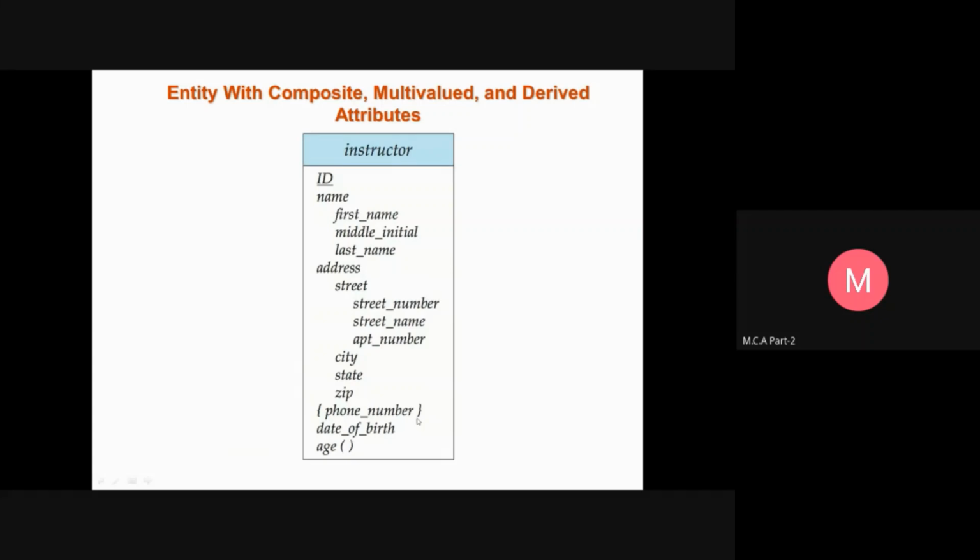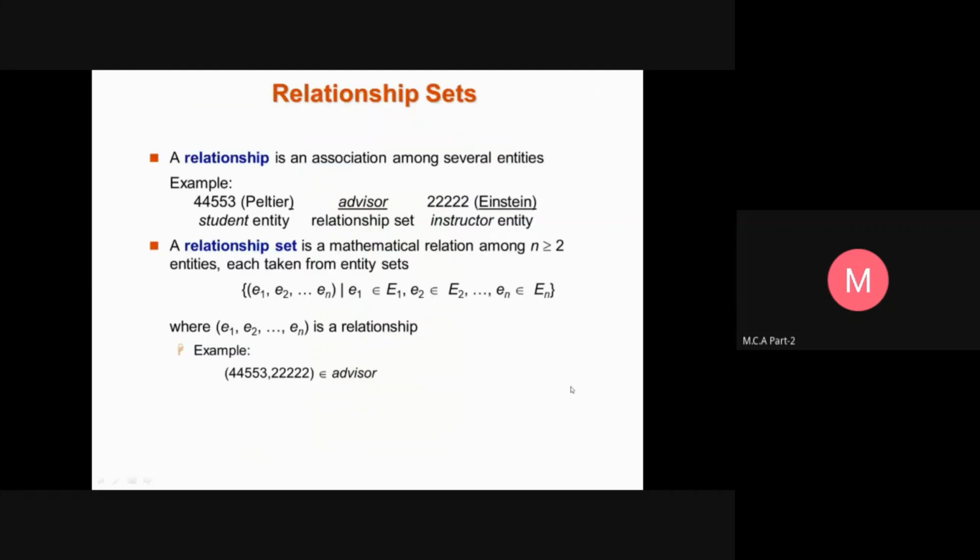So whenever the SQL standard was extended to contain object relational information, we could store a set of values in a particular attribute. So this implies we have a set of values or multi-values. And we store this, which is your derived attribute, in this fashion. So this is with respect to the attributes of an entity. We also looked at relationship sets and what they mean.